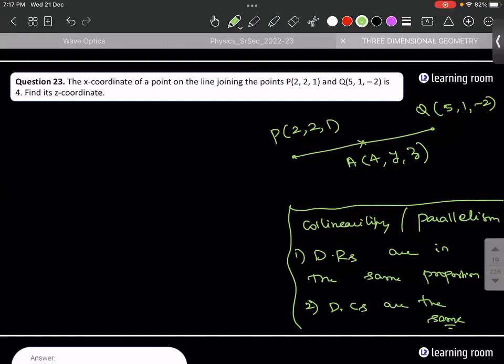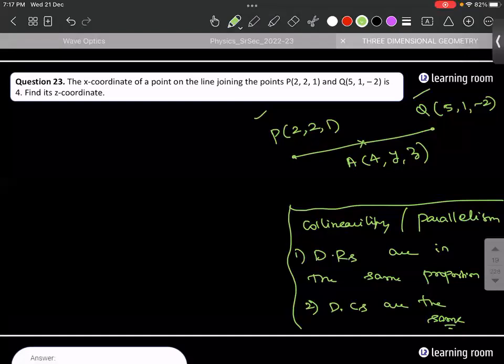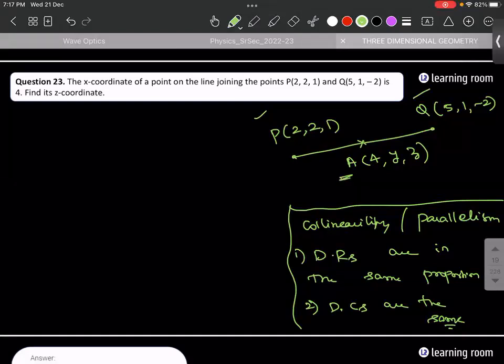So they are equally inclined. See this PQ, there is a line that is joining. A is some other point. So P, A, Q are collinear. So collinear means the direction cosines should be the same. That is the meaning.